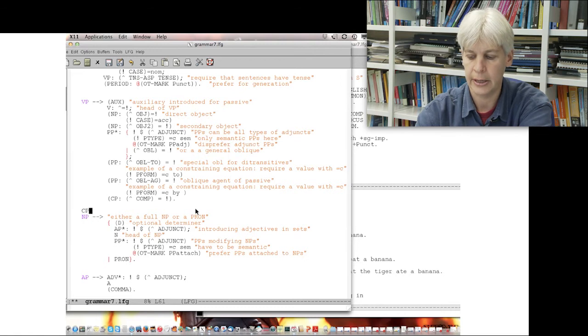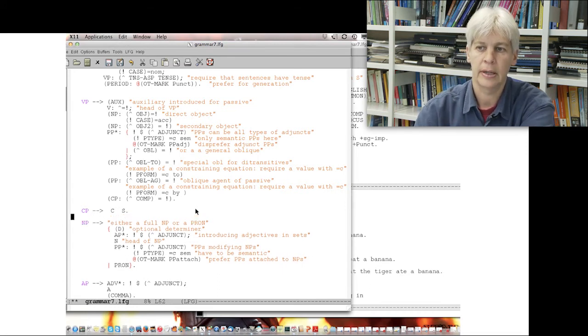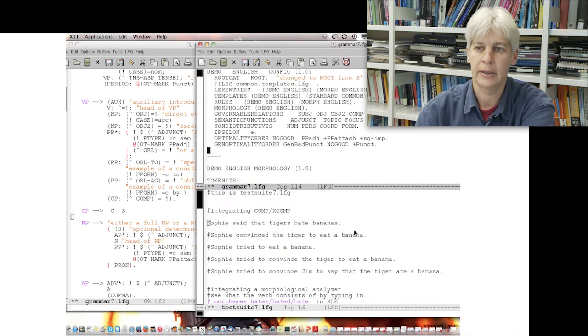Okay. Then, of course, we need a rule for CP. That needs to be expanded. And the rule should be "that," followed by a sentence, right? Because the "that" is followed by something that looks structurally exactly like a normal sentence. "Tigers hate bananas." That should be parsable by just our normal sentence rule.